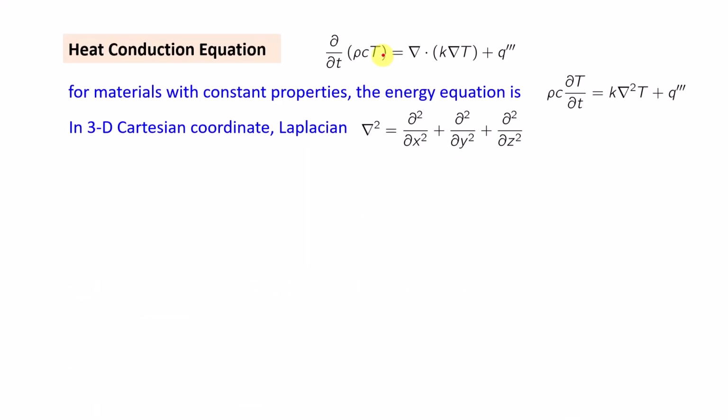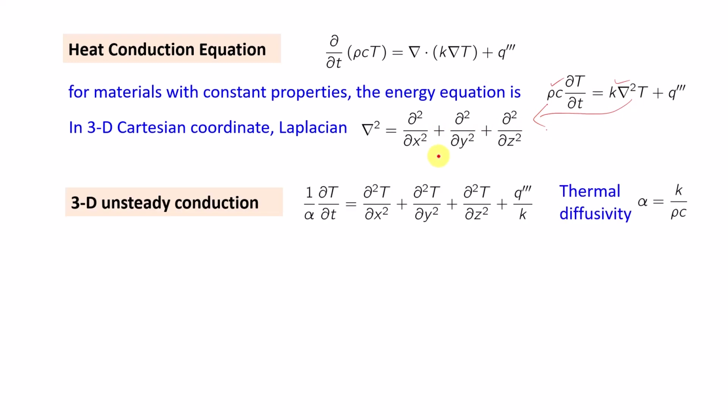So first, start once again from the standard heat conduction equation, our usual energy equation: rho C dT/dt = del dot (K del T) plus Q triple prime. With constant material properties, we take rho, C and K out of the equation. In 3D Cartesian coordinates, this Laplacian will be like this. All these are known to us.